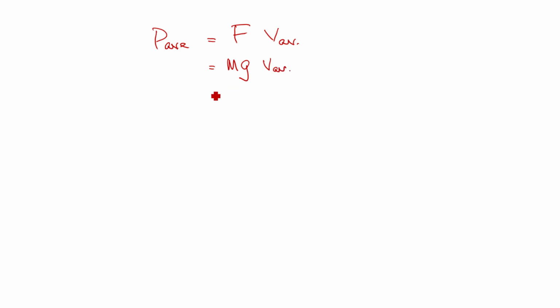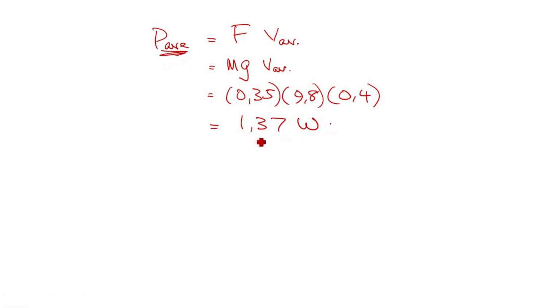The mass is 0.35 kilograms, g is 9.8, and the velocity is 0.4, and that's equal to 1.37 watts. That is the average power output when that little motor, working at optimal conditions, lifts and does the work that we have described over here. So it's 1.37 watts, and that is the value of X.